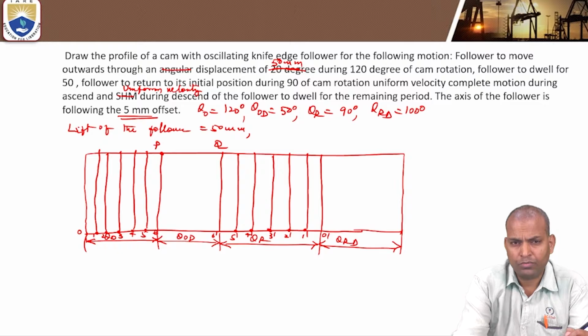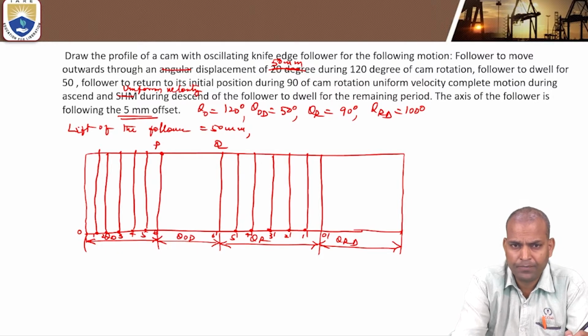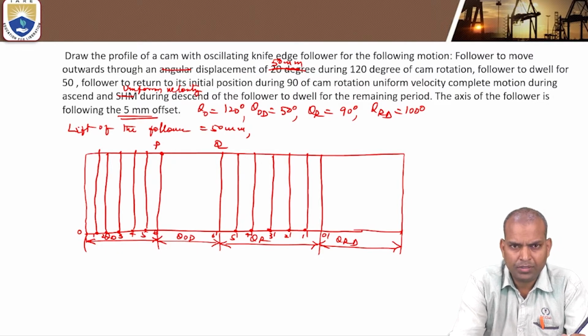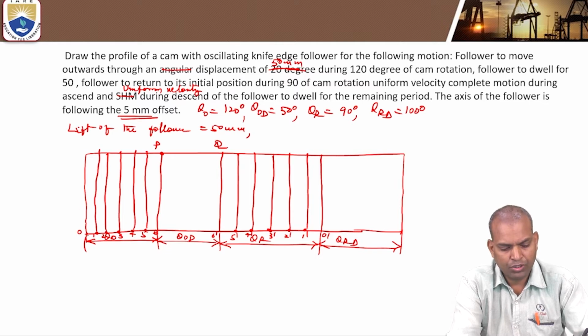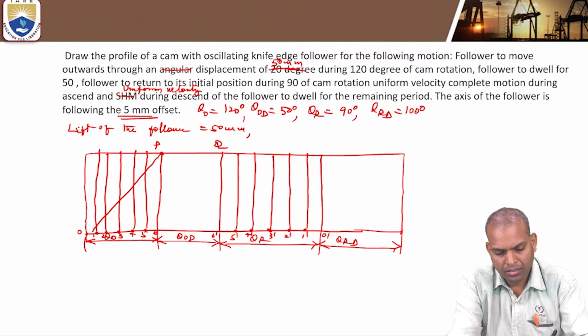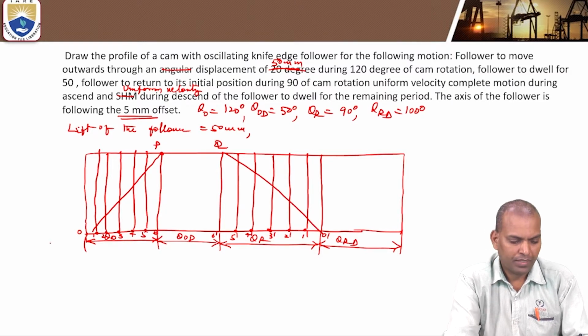Here the motion of the follower is uniform velocity, so it gives a straight line motion. Draw O to P and Q to O dash.